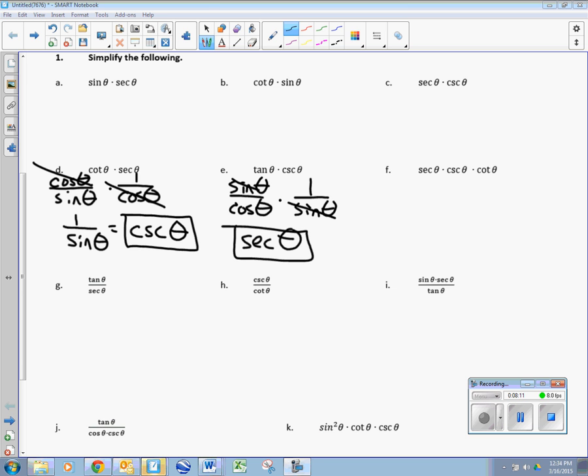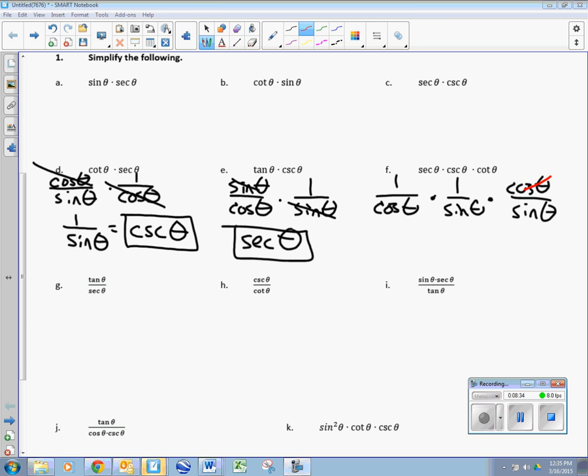Secant times cosecant times cotangent. This one's trickier. 1 over cosine times 1 over sine times cosine over sine. Now, on the test, I give you a point just for writing that, just changing it from sine to cosine. And I give you these formulas, don't I? So we all can do that.